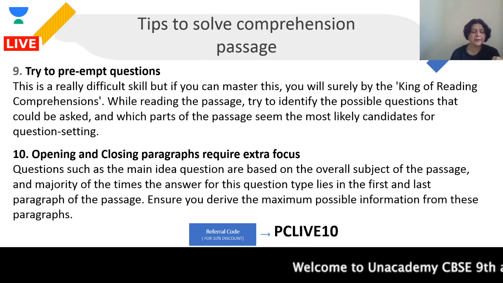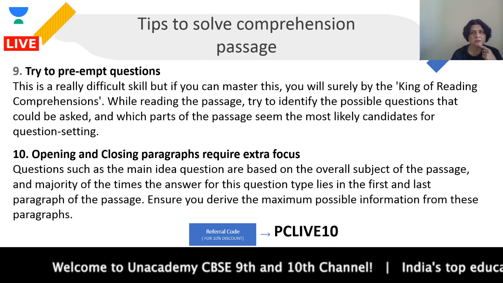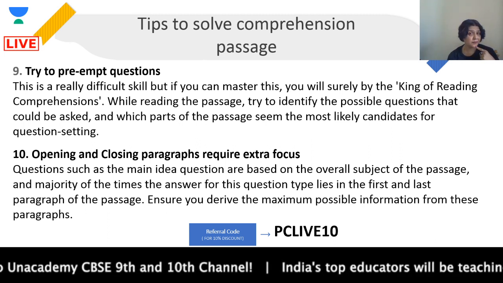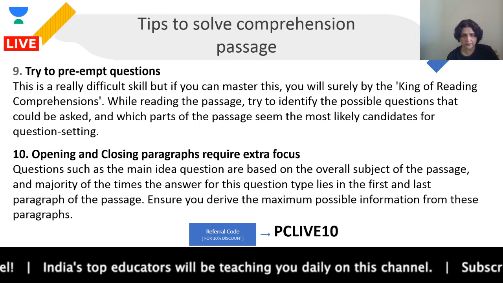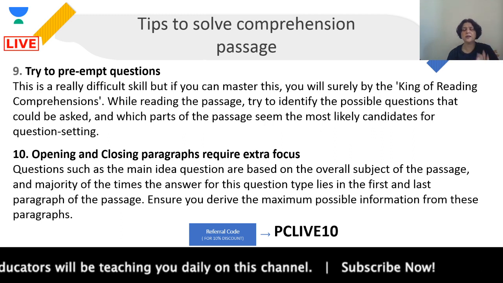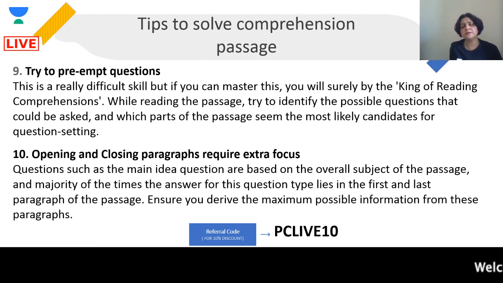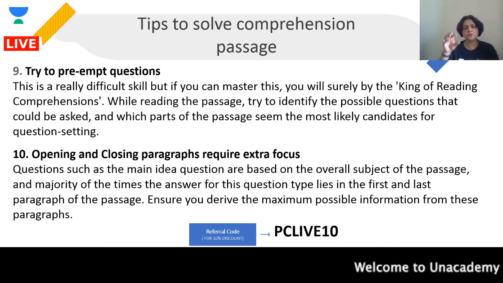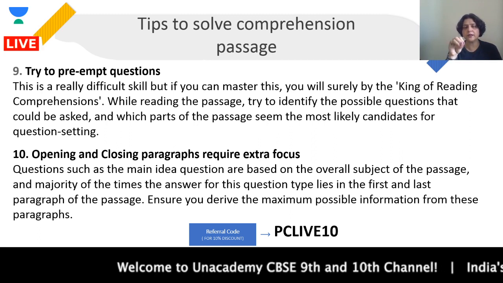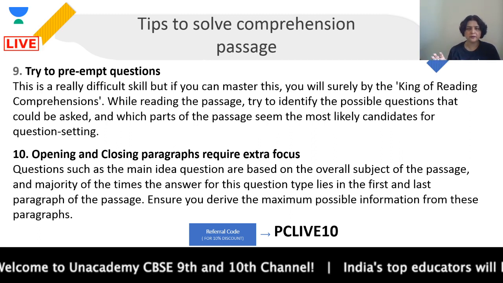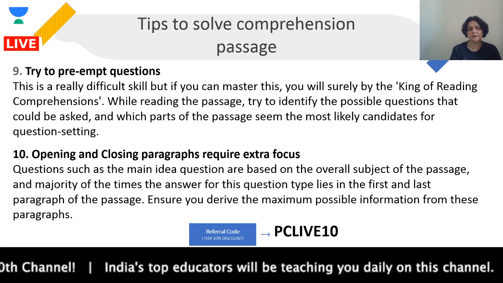So while I am reading the passage, my duty is that I should be seeing what the first paragraph is trying to convey. Apart from getting the gist and the central idea of the entire passage, the first and the last paragraph from which it is quite likely that questions may come, I am supposed to be focusing and getting a hang of the idea which is there in the first paragraph and then again in the second paragraph, in the last paragraph.